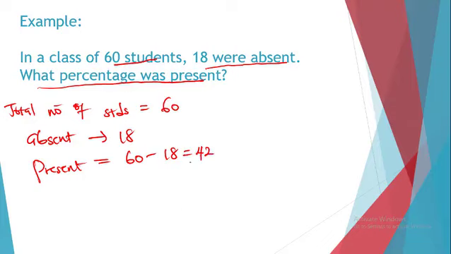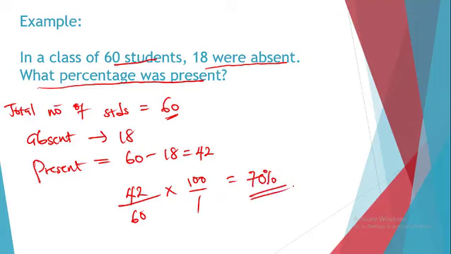So to get the percentage of students that was present, it will be 42 divided by 60, which is the total number of students, times 100 over 1, and that will give us 70%. That's how percentage works.